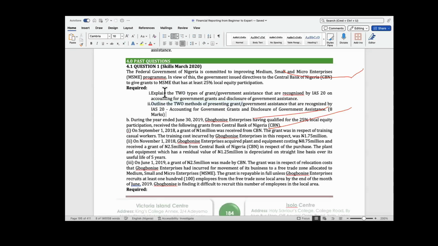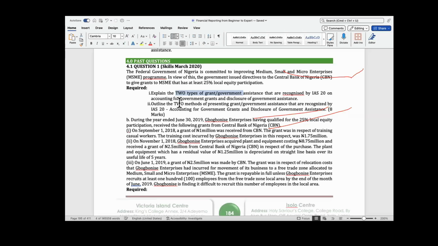From what I've explained so far, what are the two types of government grants that we have? Anybody? Grant related to assets and grant related to income. Fantastic. I'm sure you would be able to explain that in the exam: the grant related to asset is the one where the condition attached is that the company must buy an asset and then government subsidizes it.